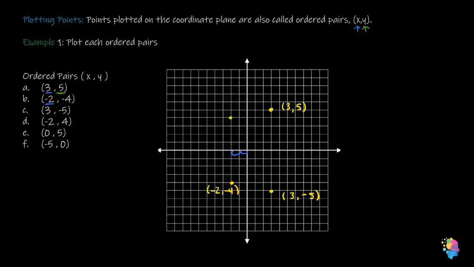Okay, let's go to the next one. Let's look at E now. E has 0 on the x coordinate. That means that we're not going to move left or right. We're going to stay at the origin for now. This is not our point. I'm just doing the x coordinate.